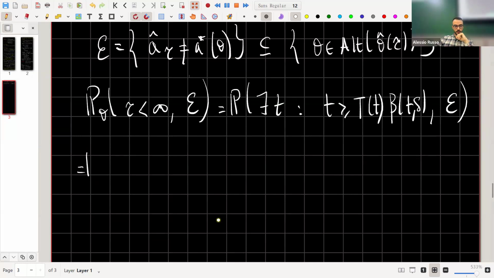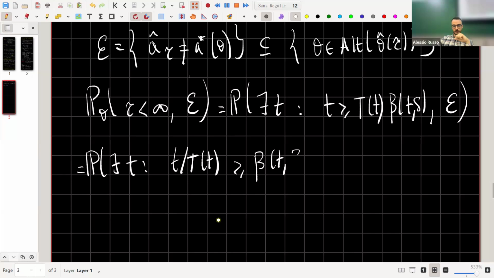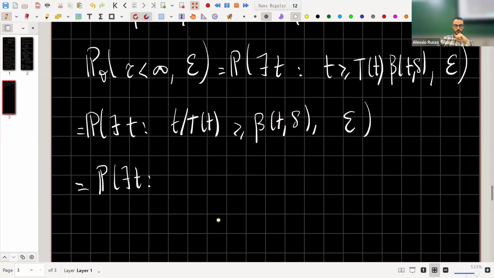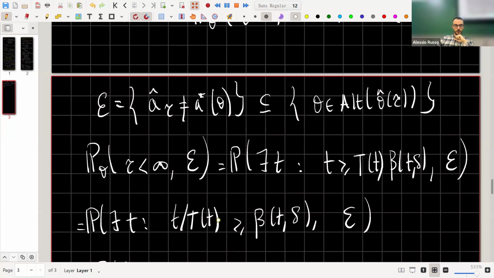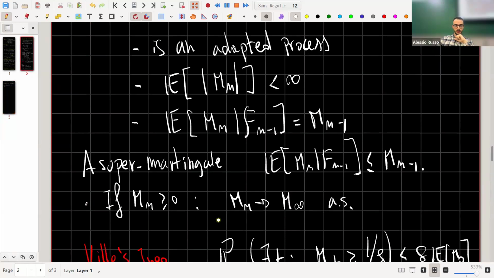This is also equal to the probability that there exists a time t. I'm going to multiply both sides by 1 over the capital T, the empirical characteristic time, so that here we have t divided by T bigger than beta t delta. What is the definition of the empirical characteristic time?